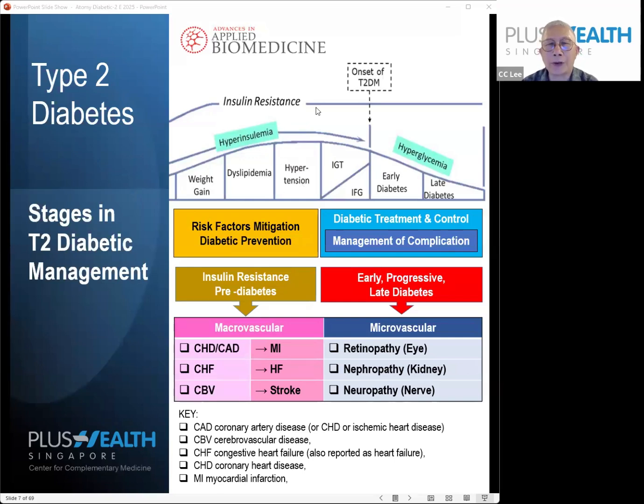For the prevention of diabetes itself, just a recap, right? Basically, 2 of the most important factors to manage are weight management as well as exercise. These 2 are the most effective means of diabetes prevention, right?